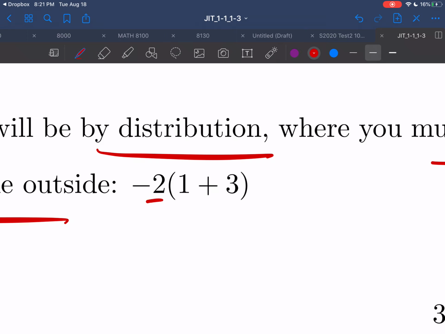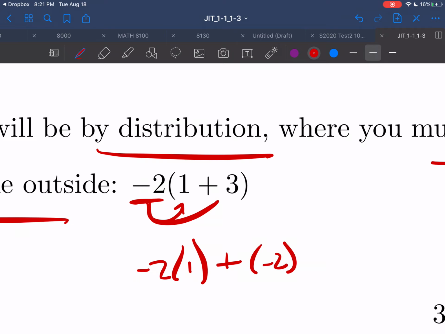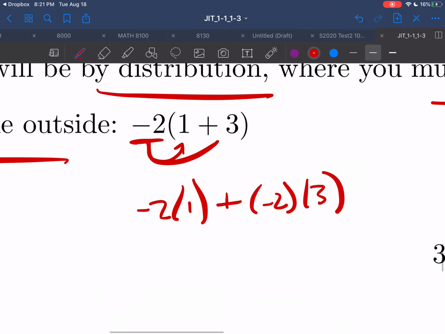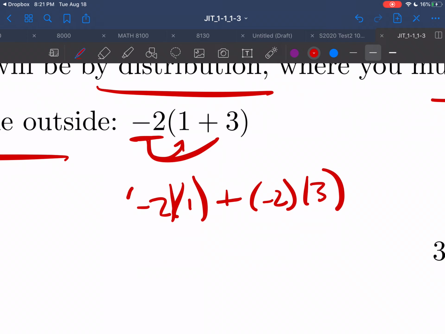We take our number on the outside, negative 2, and multiply 1 by it, and then multiply 3 by it. So we get negative 2 times 1 plus negative 2 times 3, which is negative 2 minus 6, which gives us negative 8.